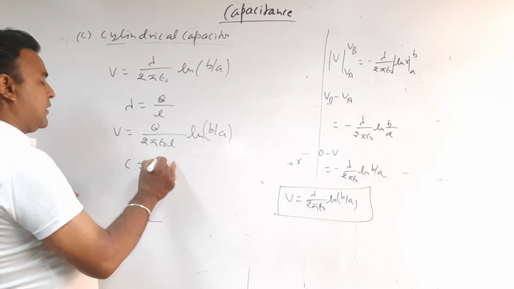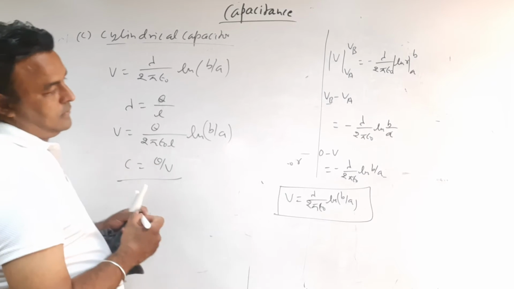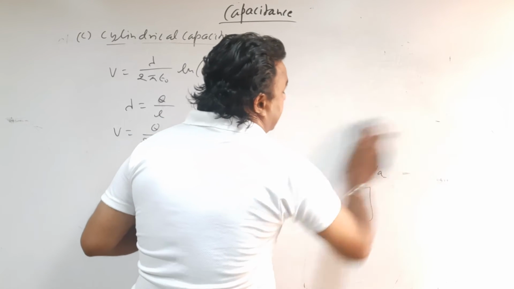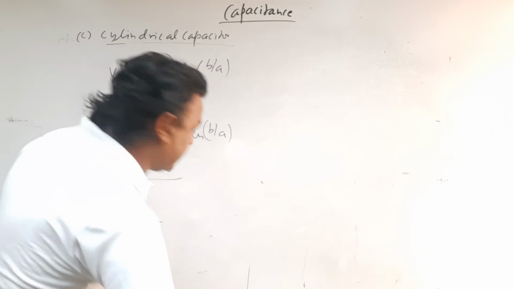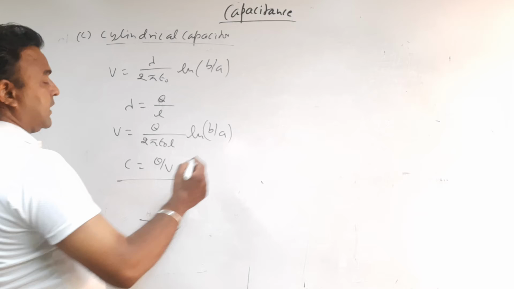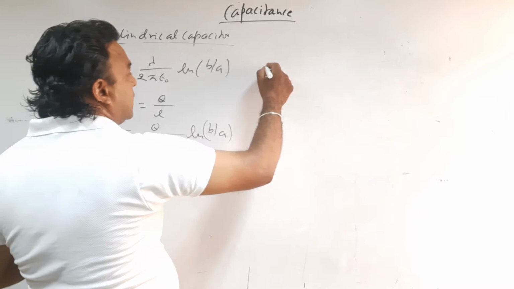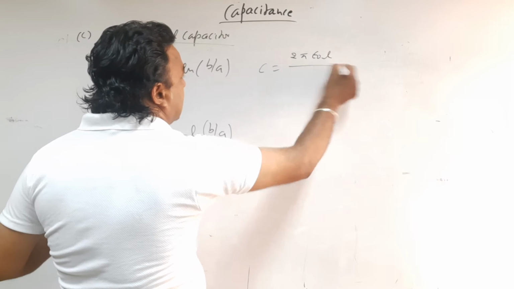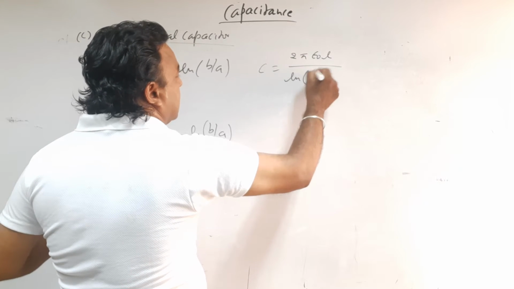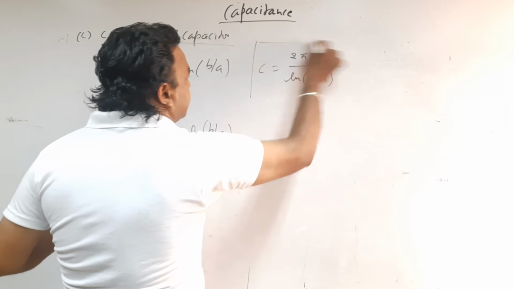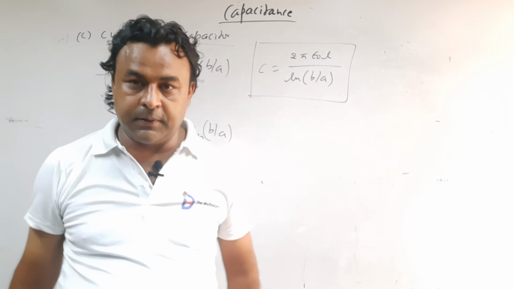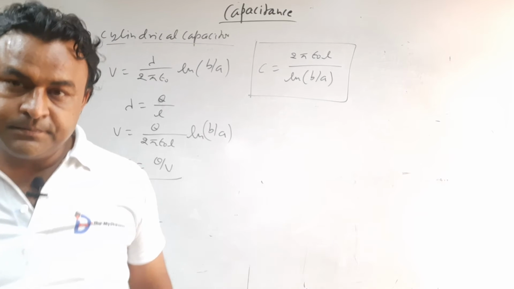C is equal to Q by V. From this very known relation, we find the value of C. It is Q upon V. It is 2 pi epsilon naught L upon ln B upon A. This is the capacitance of a cylindrical capacitor. Right?